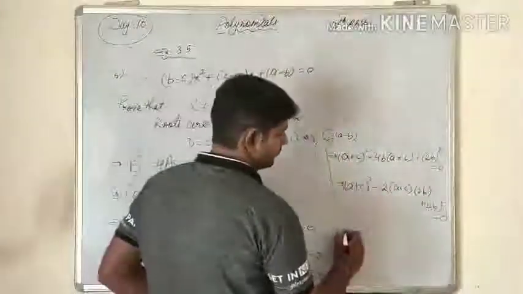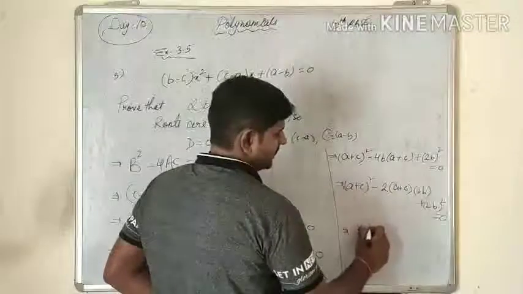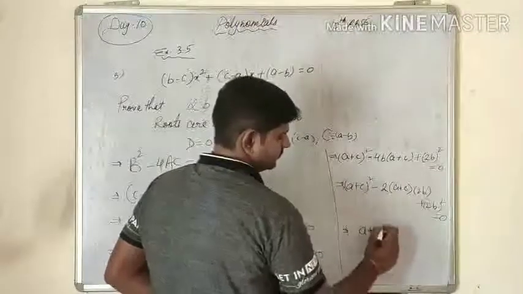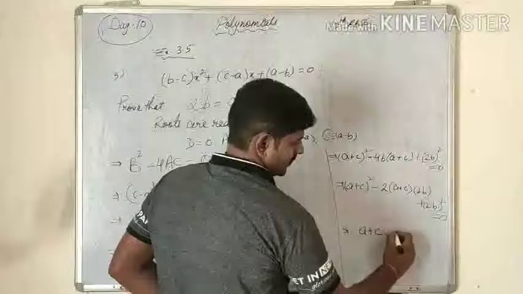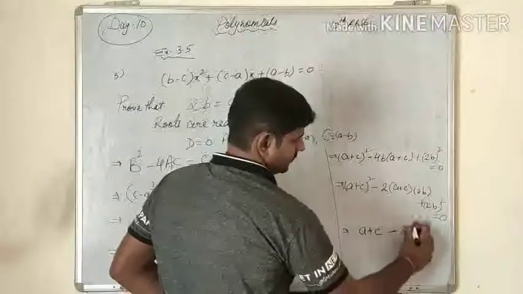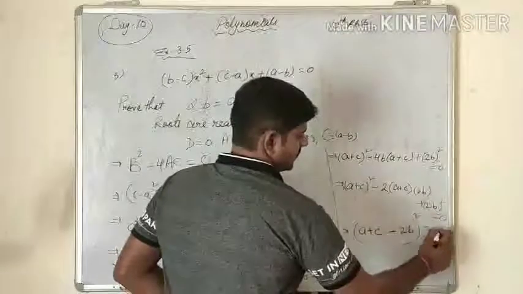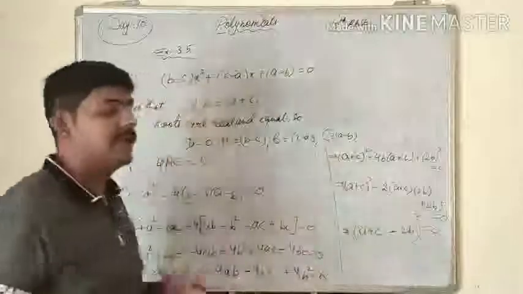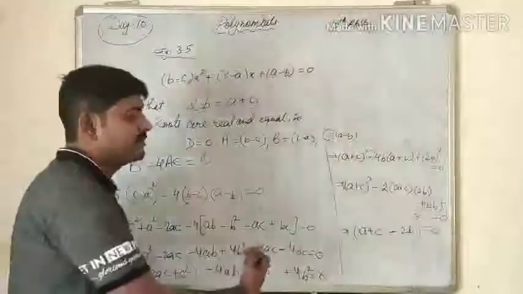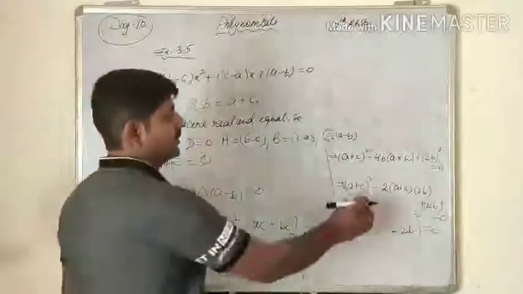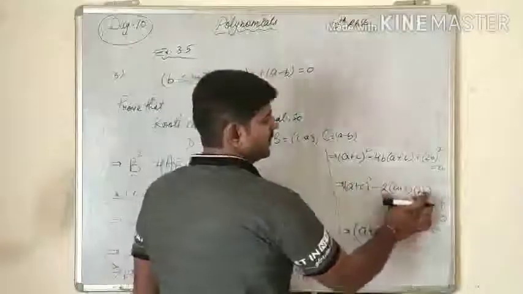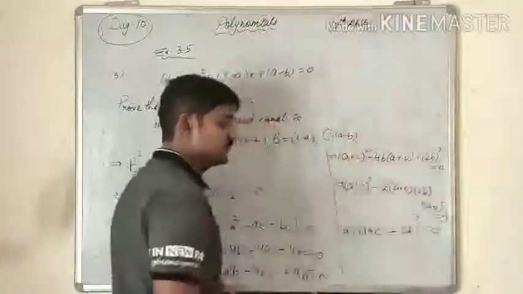So there will be a plus c minus 2b whole square equals to 0 is left. This is the identity a minus b whole square, because a square is this, 2ab is this, and b square is this.